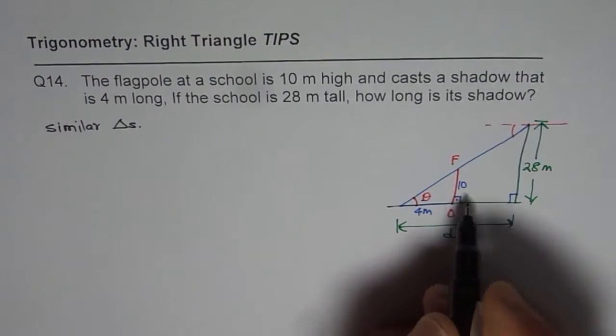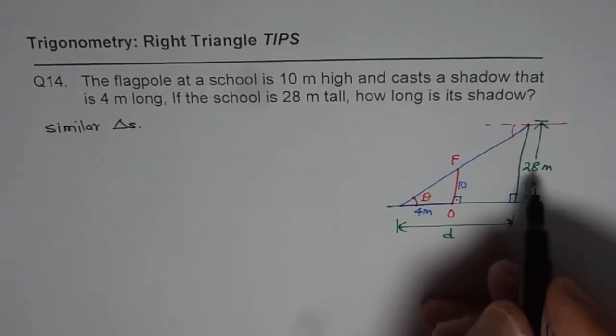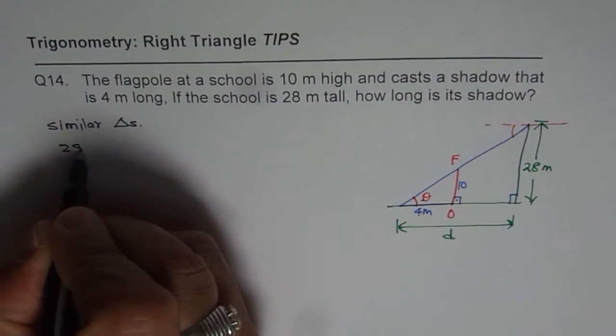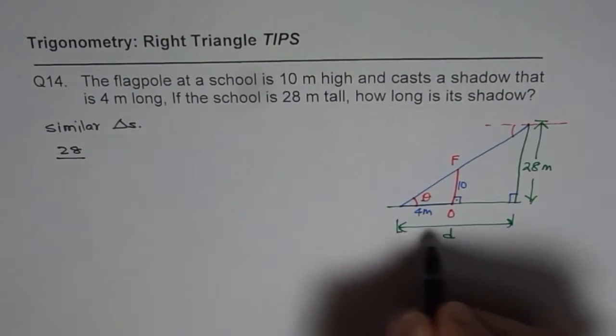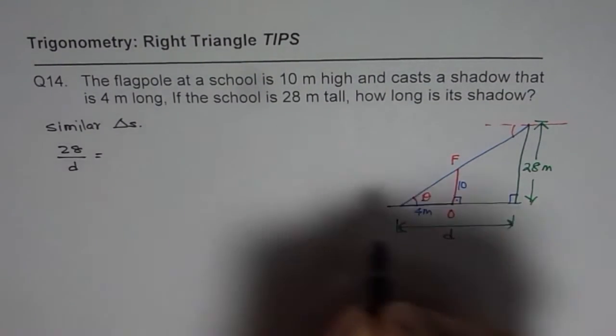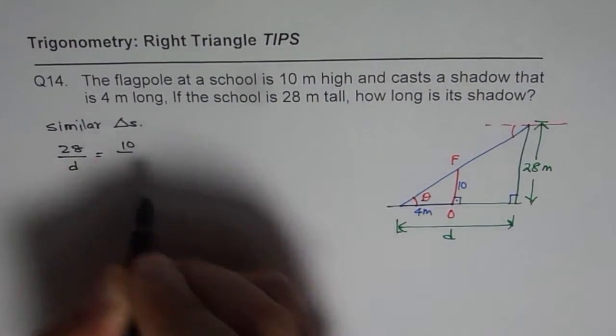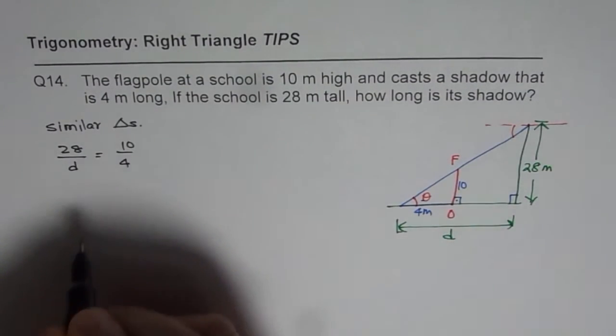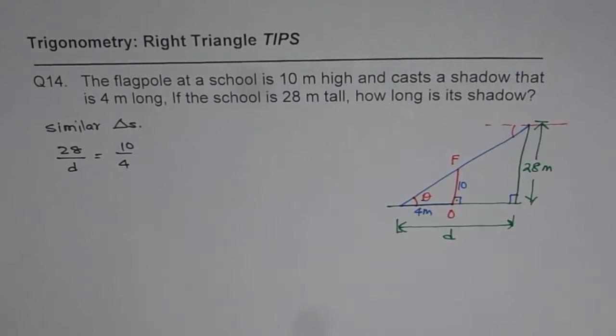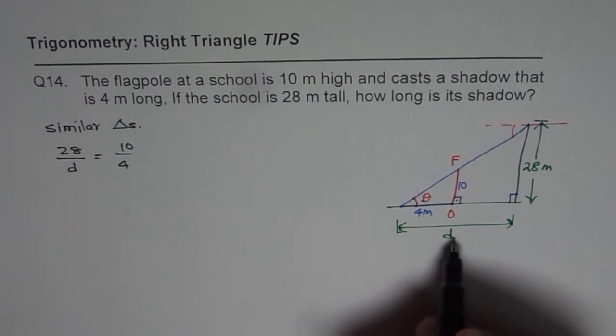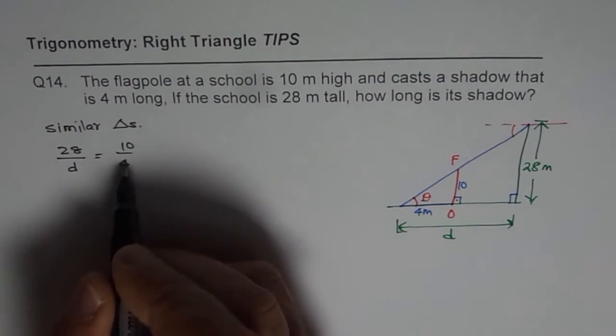In that case, we know the ratios of the sides. So we know 28 over 10 can be written, D over 4, correct? That is how we can use similar triangles and solve. So from here, D is how much? Cross multiply.